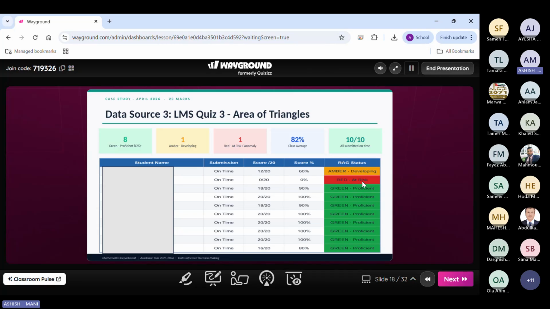Maybe he opened the lesson, but he didn't finish it on time. So I have to find out why the student is getting zero or coming at risk, and I have to take initiative. In Aleph, he scored 100. Then why in LMS does he get zero? So this data will help me see where the students need instruction, where they need the help of the teacher.